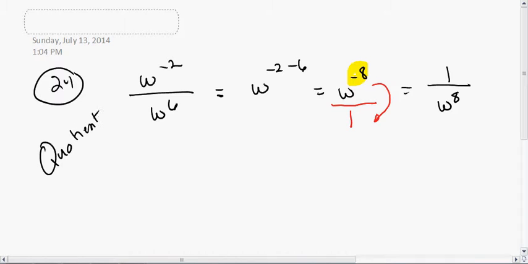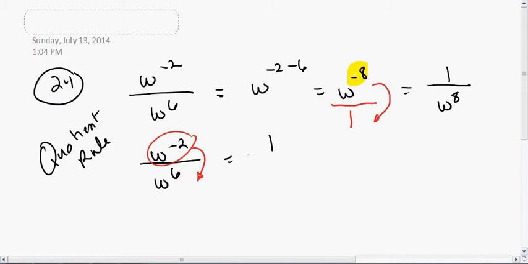But I can also approach this problem by thinking about negative exponents. So w to the negative 2, that's a negative exponent, and I could move this guy over the fraction bar. Let's move him right down there. So now I've got a 1 left in the top. I started off with a w to the 6 in the bottom, and now I've got a w squared in the bottom.